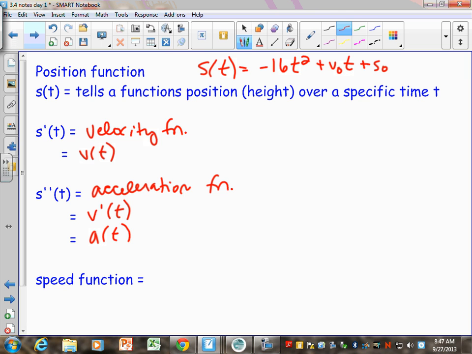So we can say it's the absolute value of the first derivative, or the absolute value of velocity. So if you know velocity, you also know your speed function. Speed cannot be negative. You can't go negative 55 miles per hour in terms of speed, but you can have a negative 55 miles per hour velocity if you were falling.